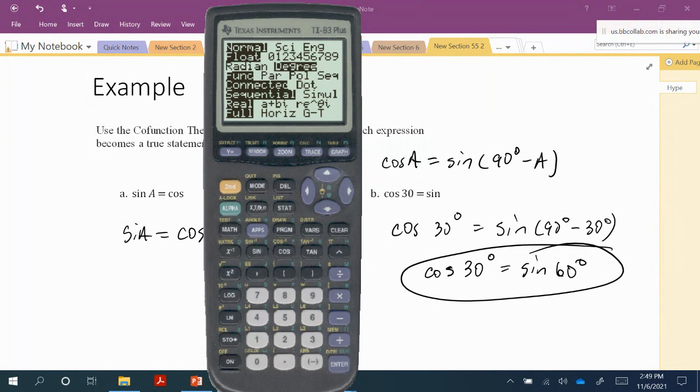So I'm going to hit enter to lock that in. I'm going to return to the home screen, and I'm going to enter the following. I'm going to enter the cosine of 30 degrees, and I have a value of 0.866. I'm going to enter the sine of 60 degrees, and if my formulas are true, I should have the exact same value. So the cofunctions are equivalent identities.